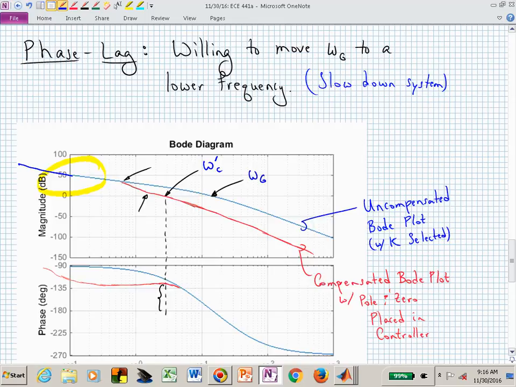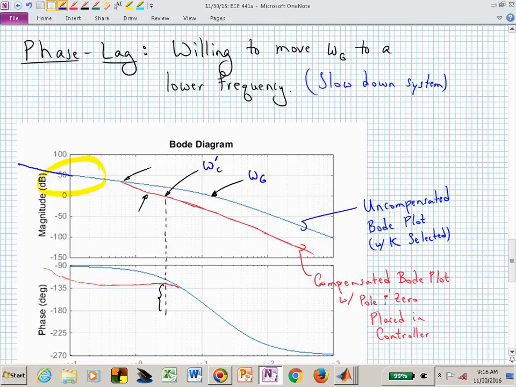What is this first singularity pointed to by the arrow that makes the red curve now move off of the blue curve? Now we've compensated. This red curve is our compensated Bode plot. That's after we've introduced the controller, and the controller consists of one pole and one zero. What happens at the first arrow? Which way is the curve going?